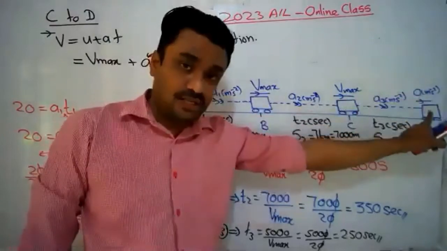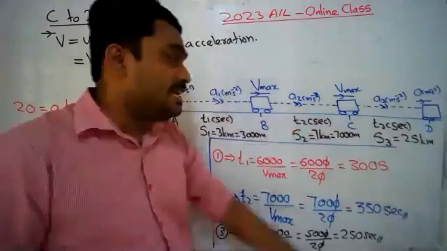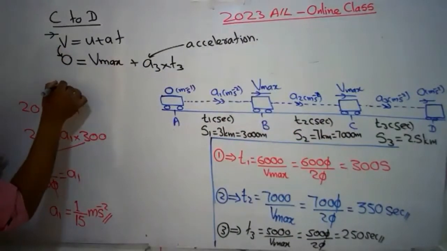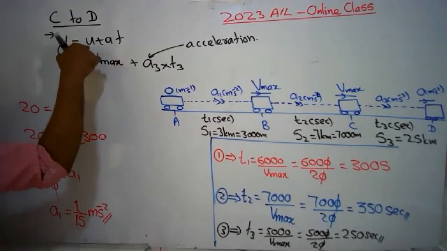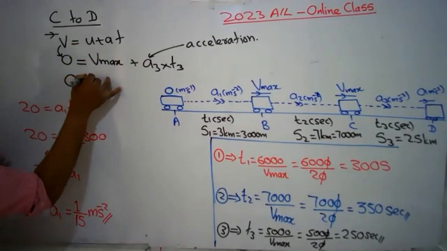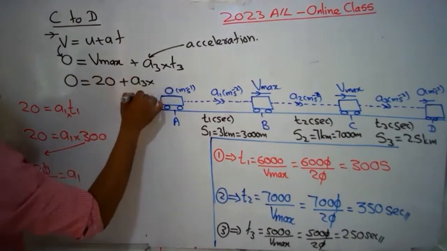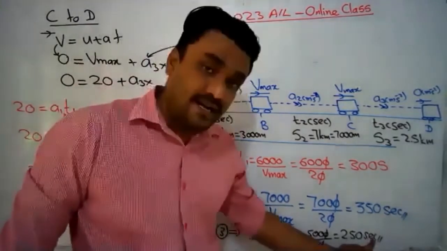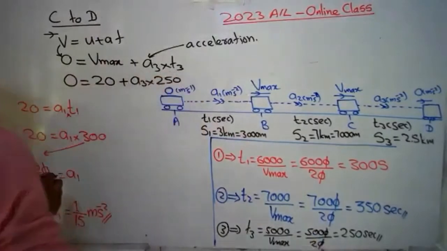Even if you see the letter V, don't be confused with it. So 0 equals V max, which is 20, plus A3 times T3. We have found T3 as 250.